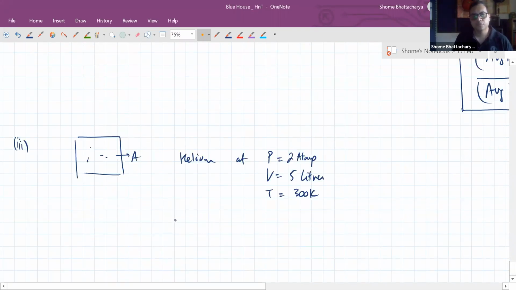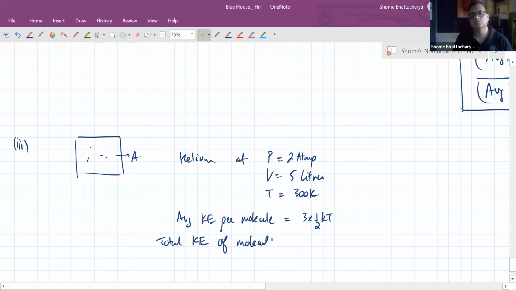All right. So now we know that the average kinetic energy per molecule is equal to 3 into half kT. So total kinetic energy of molecules will be the number of molecules multiplied by average kinetic energy per molecule.